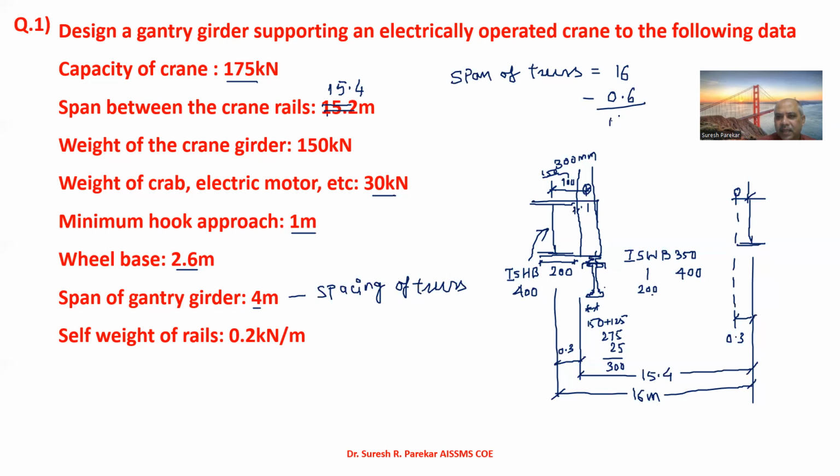Remaining part we will see in the practicals. So it goes to 15.4. If you have 14, then 14 minus 0.6 goes to 13.4. So likewise, you subtract this value 0.6 from your span of the truss.